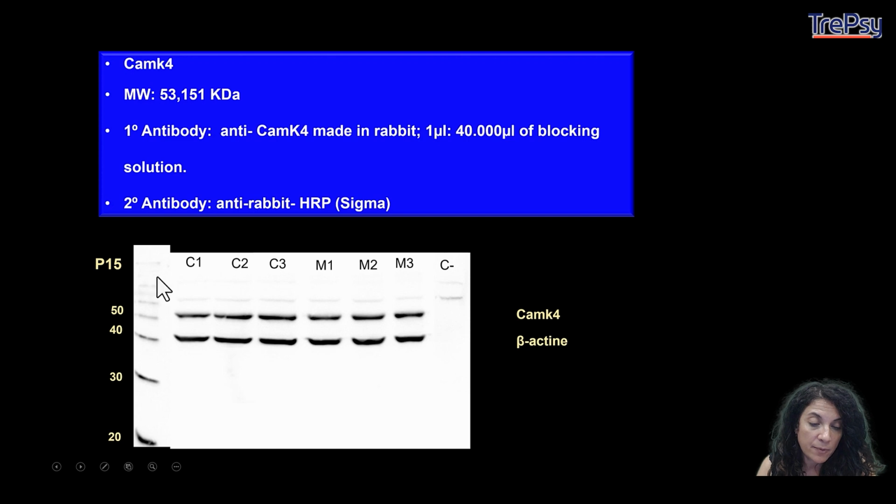I know that my protein's molecular weight is 53, and you can see my protein here, and I can see the integrative protein beta-actin that I have to compare this with, because it's a relative measure.